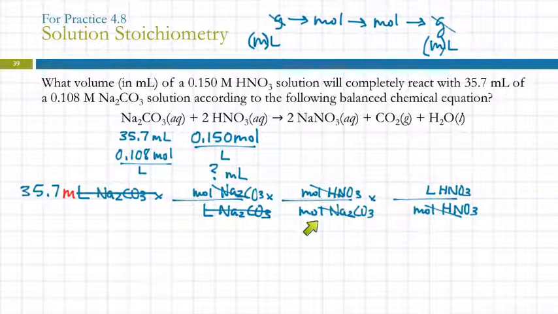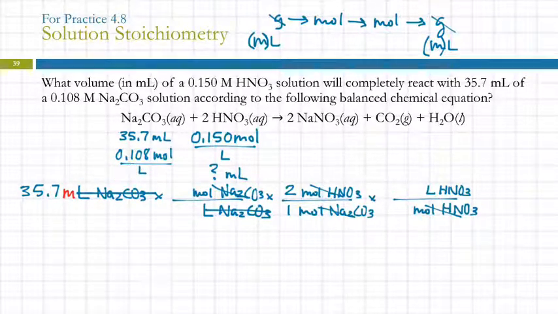Okay, so the mole ratio comes from the coefficients here, right? We have 1 mole of sodium carbonate reacting with 2 moles of nitric acid. 1 mole of sodium carbonate, 2 moles of nitric acid. In our other stoichiometry problems, we had to go calculate some molar masses. We don't need to do that here, because this conversion factor is the molarity which they told us.